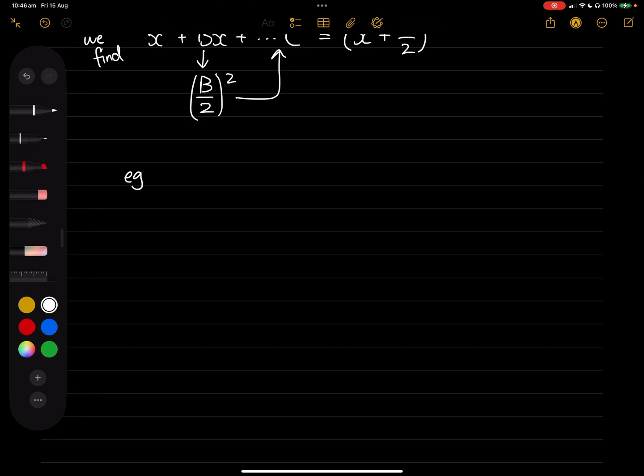So let's imagine you're given the following. You are given x squared plus 8x plus dot dot dot, and you are told to complete the square. We need a number at the end. So we know the term in front of the x squared is 1. That's good. We know the term in front of the x is 8.